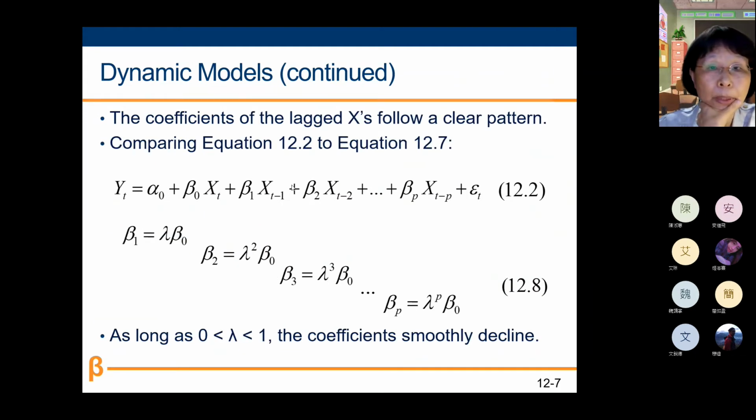I think this one is important. This PPT for 12.2 and 12.8, they are the same. As long as lambda is between 0 and 1, and they have the same beta 0, the coefficient smoothly declines.